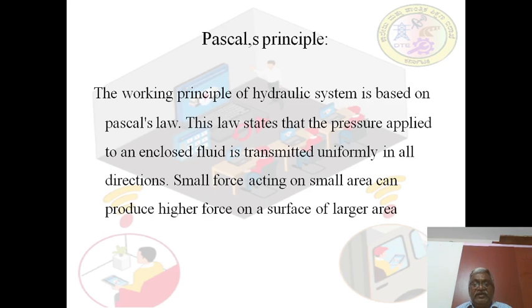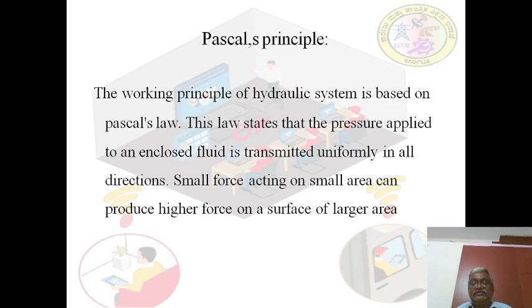the pressure is transmitted uniformly in all directions.